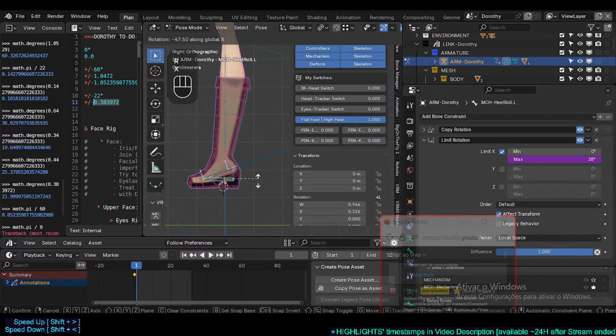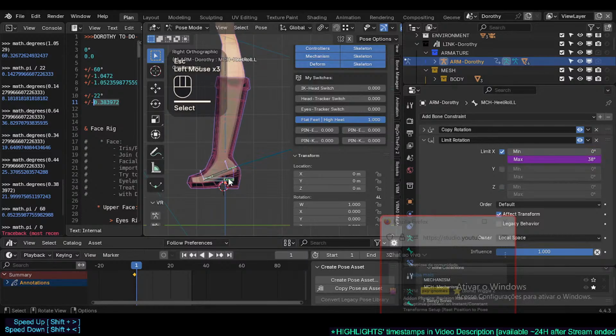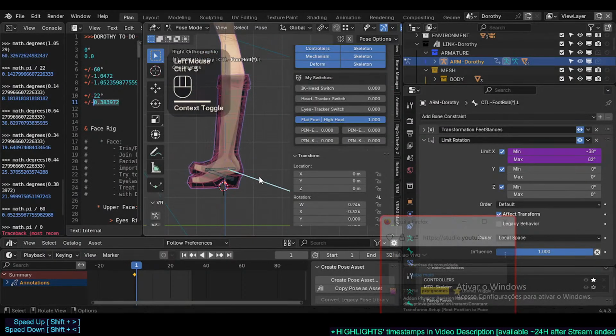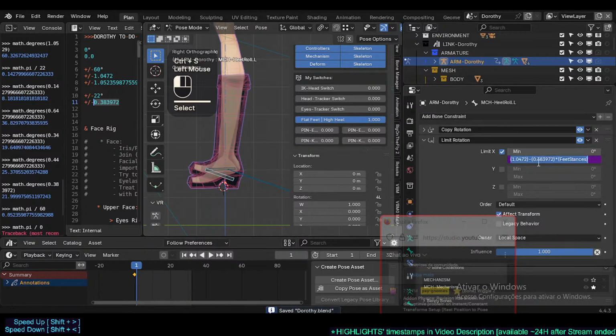So positive. Now this is a negative roll. Okay, I see. So was it wrong? No, it was working before.